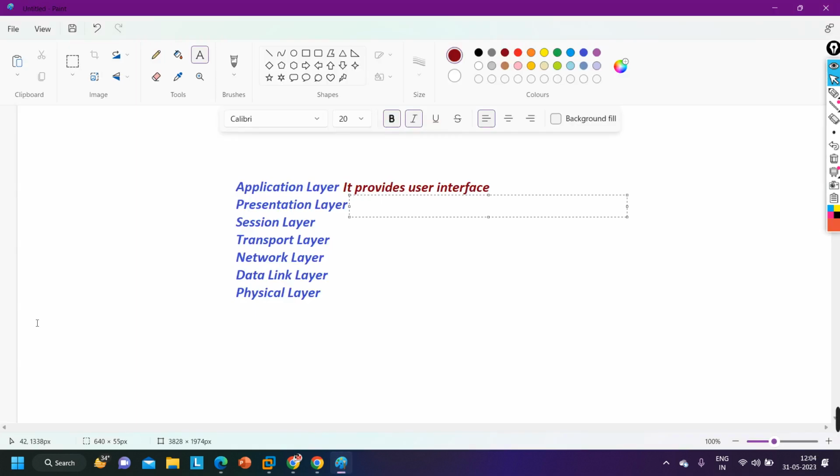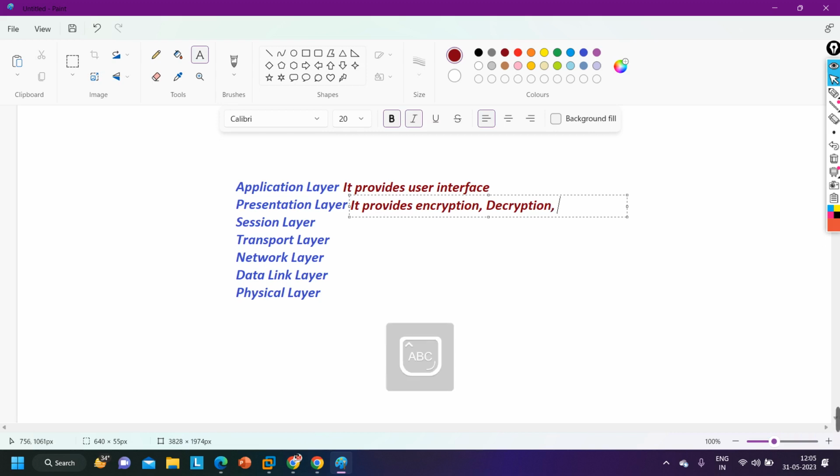Okay, so the presentation layer provides encryption and decryption. At the sender machine, the presentation layer will encrypt the data. At the receiver machine, the presentation layer will decrypt the data.